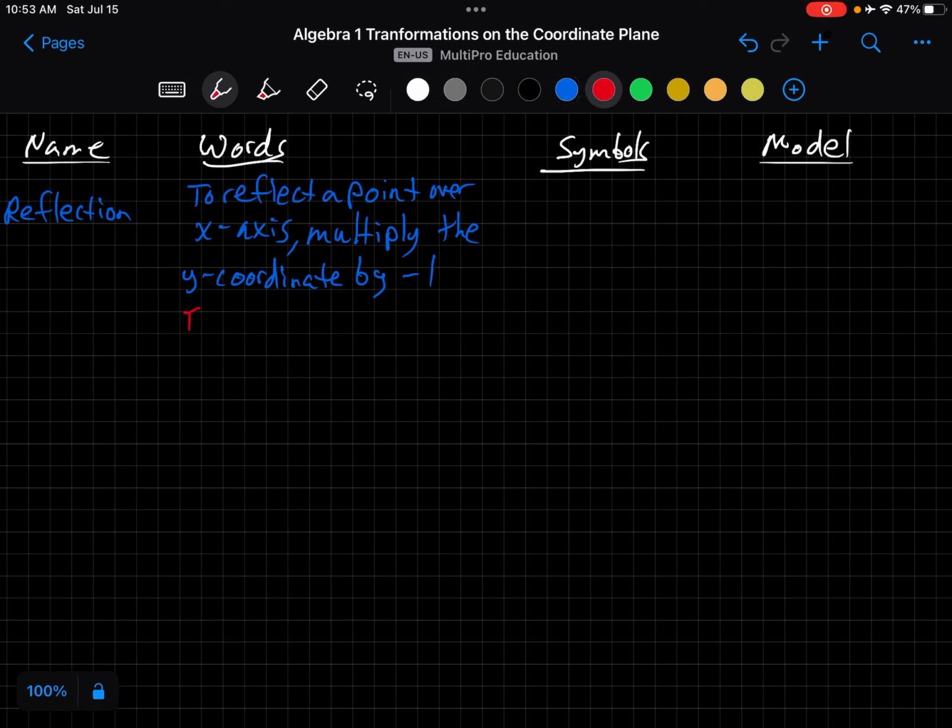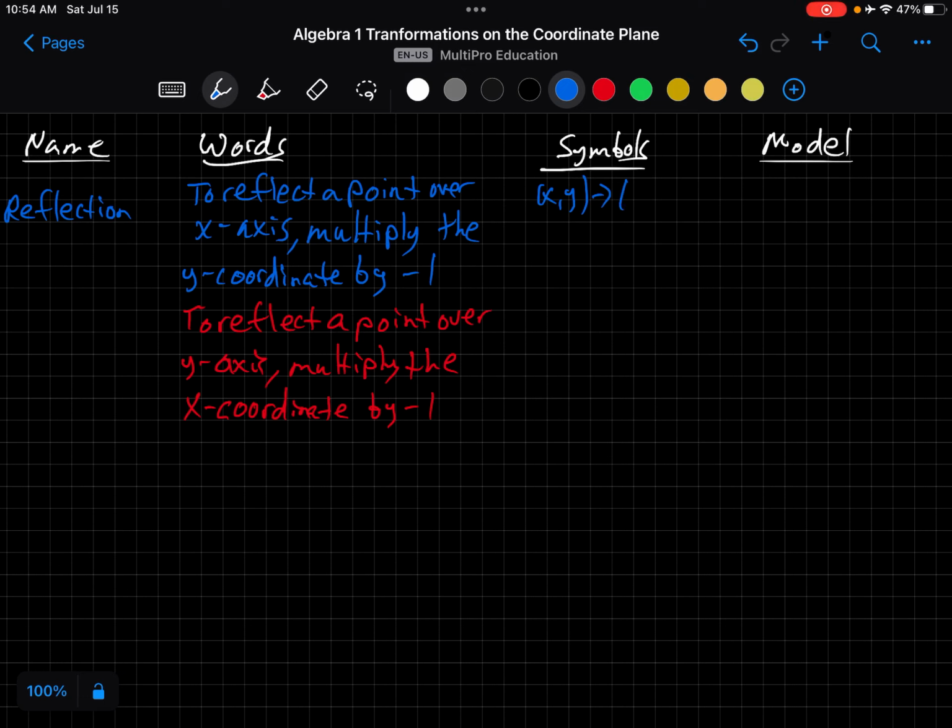Okay, and then also to reflect a point over the y-axis, multiply the x-coordinate by -1.